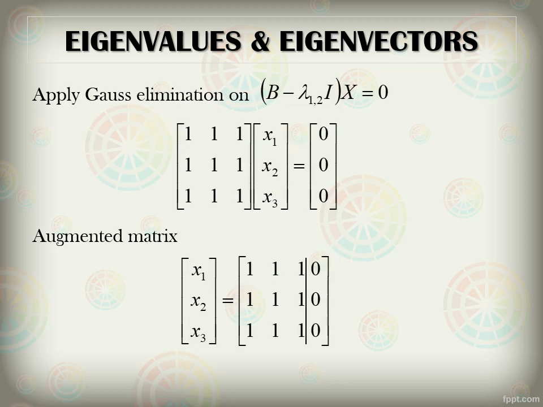Now this is our augmented matrix. We need this to remain 1. This we need to reduce to 0, reduce to 0, reduce to 0. This must remain 1, and this must remain 1, or at least become 0.